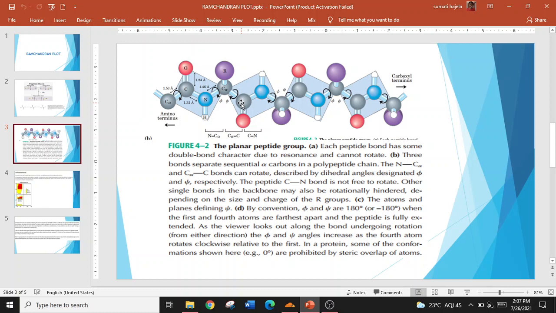By convention, both phi and psi are defined as 0 degrees in the conformation in which the two peptide bonds connected to a single alpha carbon are in the same plane. This is the angle at which they can be defined comfortably, that is the 0.